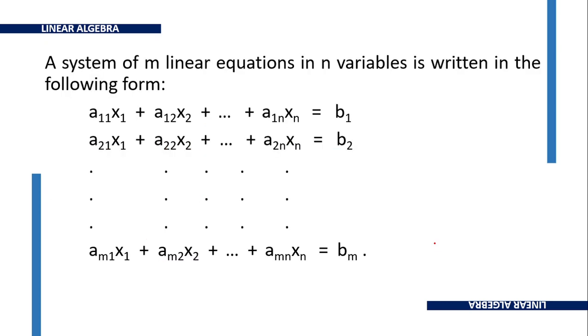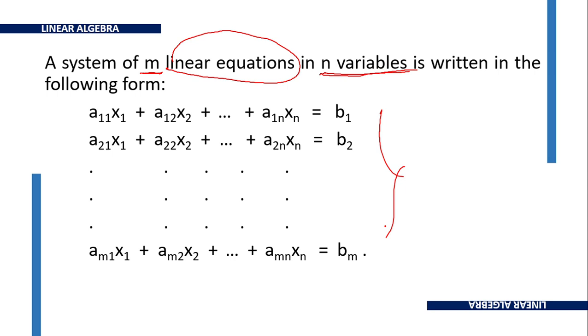Also, we have the system of m linear equations. A system of m linear equations in n variables is written in the following form. We have m linear equations in n variables, meaning what is shown here is m linear equations.